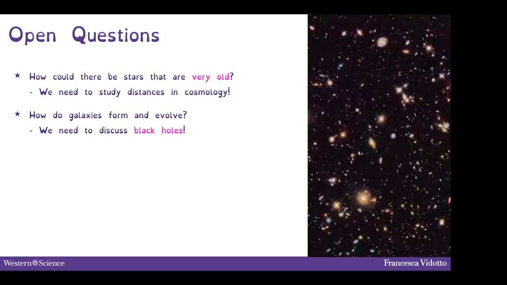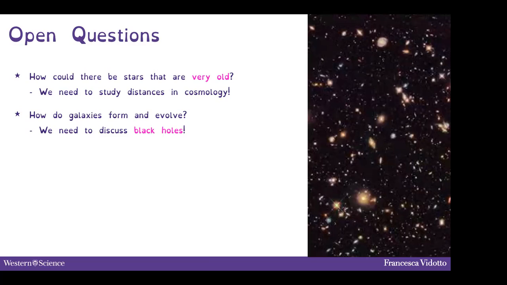So each of these little clouds is one galaxy far away from us. So the universe is in fact full of galaxies. There are as many stars in our galaxy as there are galaxies out there.